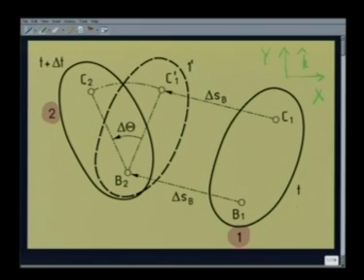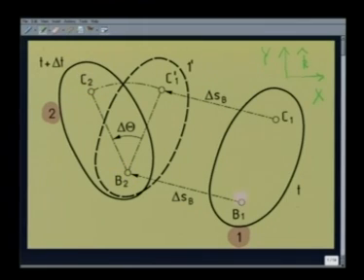As I said earlier, for this plane motion, the angular motion of the rigid body will be same as the angular motion of a line on this rigid body, for example, the line B1 C1. So, what we see is that the line B1 C1 has come to the position B2 C2.